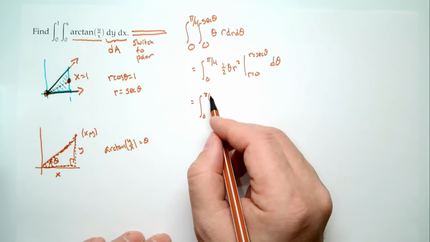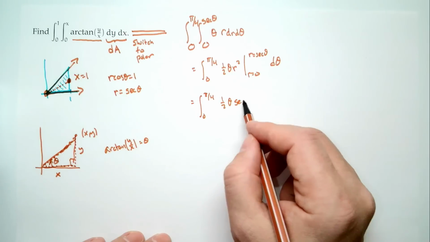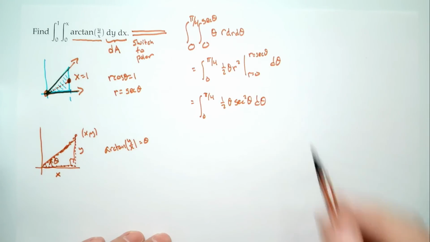And if we plug in secant theta, we're going to get 1/2 theta secant squared theta d theta. All right. Now, is it possible for us to integrate 1/2 theta times secant squared theta? I mean, hopefully it is, after all, an important part of this problem. What tool do we need?